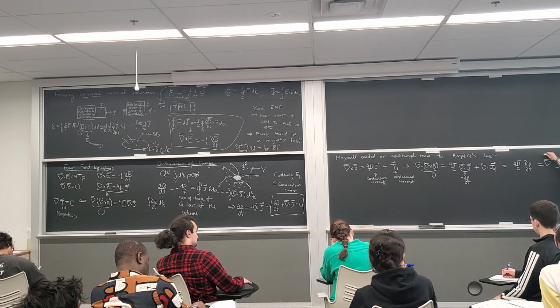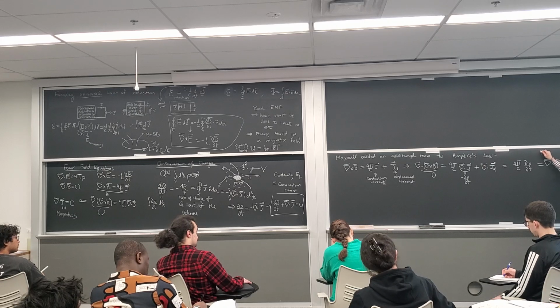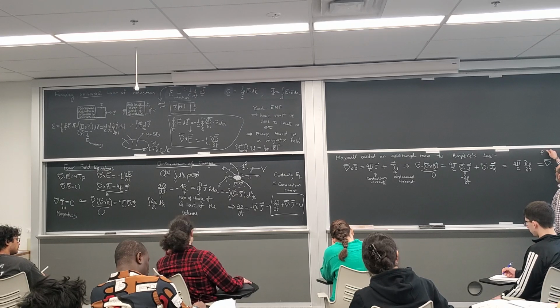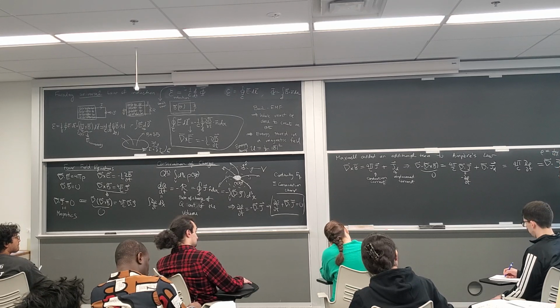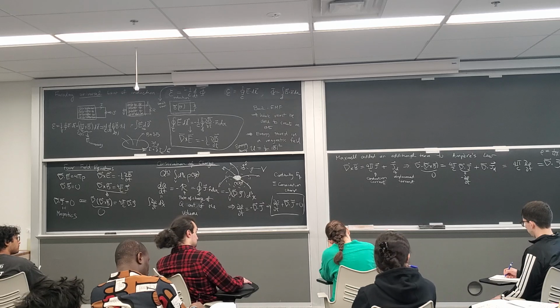Okay? But we know that whatever rho is, it's equal to 1 over 4 pi times the local divergence of E, because that's Gauss's law. Okay? Rho tells me what the local divergence is of the field.